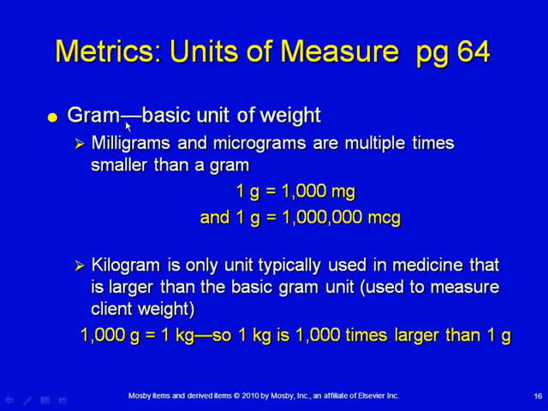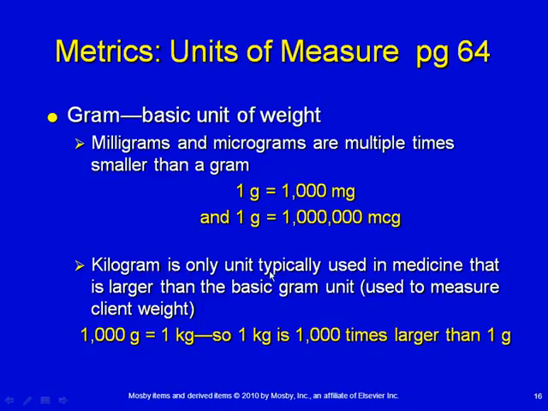We have the gram as our basic unit of weight, as you see on page 64. It equals 1,000 milligrams, or a milligram is 1,000th of a gram. And 1 gram is 1 million micrograms, or 1 microgram is 1/1,000,000th of a gram, a very minute amount.